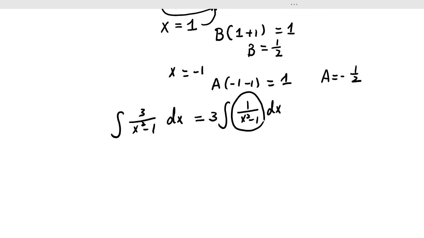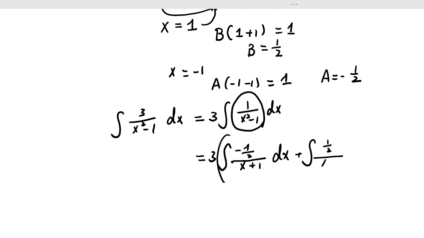So this will be the partial fraction we solved: since A is -1/2, that's -1/2 over x plus 1 dx, plus the integration of +1/2 over x minus 1 dx.